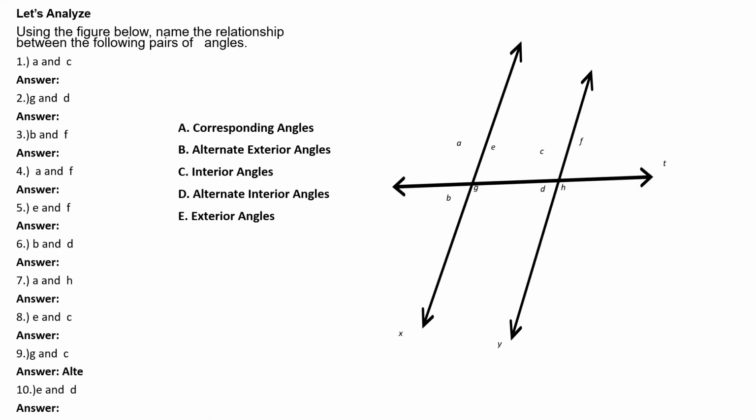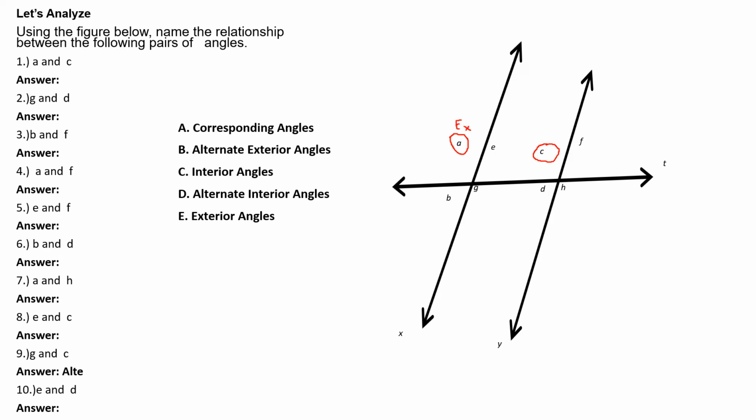Let us now proceed with let's analyze. By using the figure below or here at the right side, name the relationship between the following pairs of angles. So we have number 1, angle A and angle C. So here is our angle A and our angle C. Angle A is an exterior angle and angle C is interior angle.